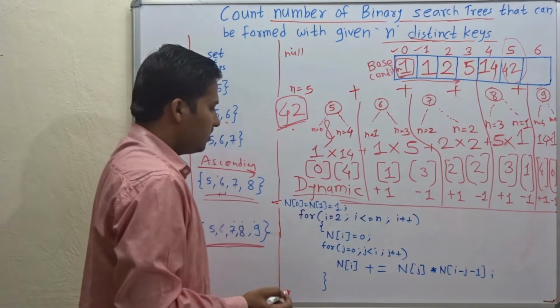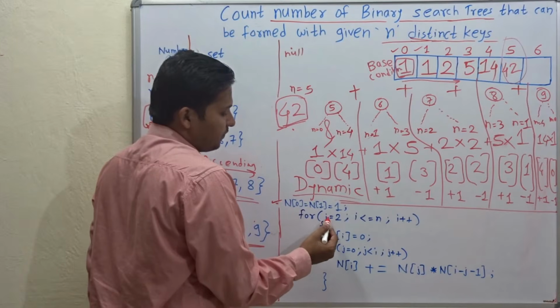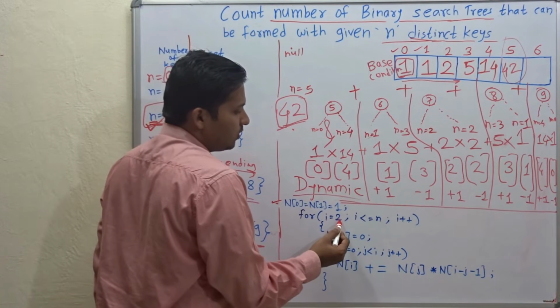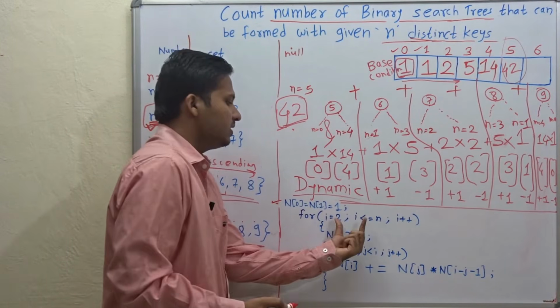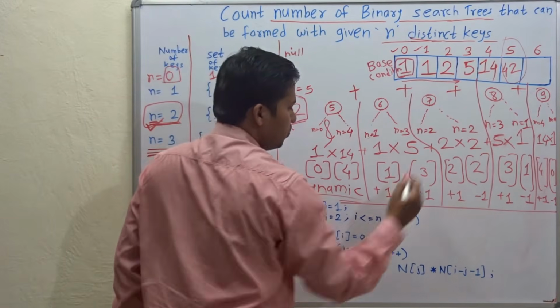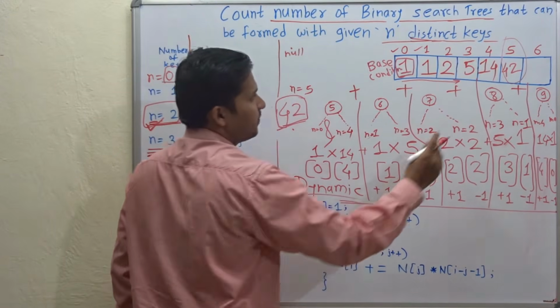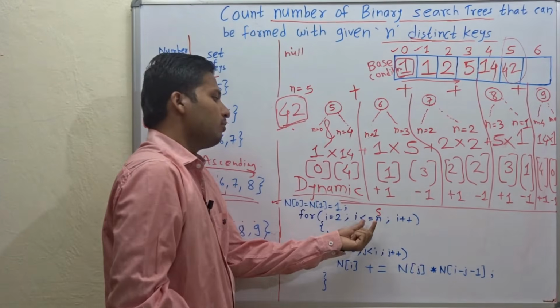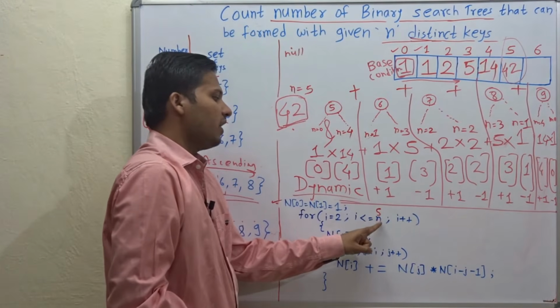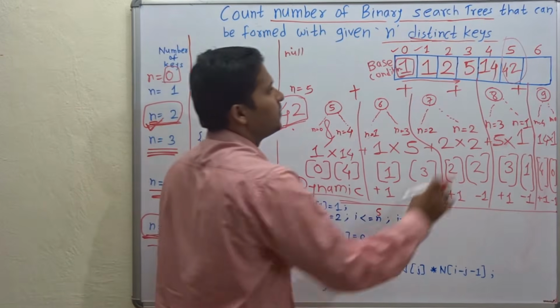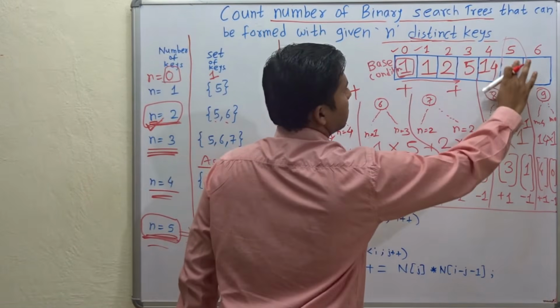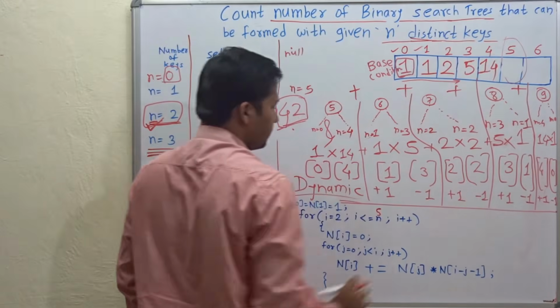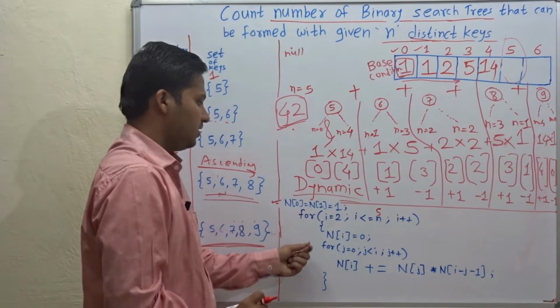Now inside the for loop, now see, for I equal to 2 to n, that means suppose n equal to 5 here. So we want to find out the number of binary search trees for n equal to 5. So let's just clean this value and now we will find out this value again.